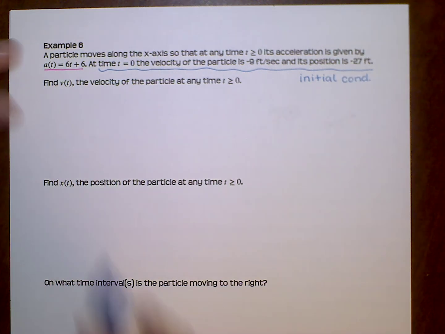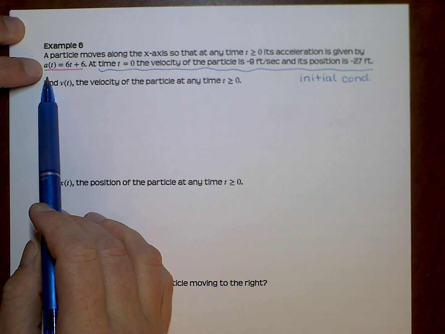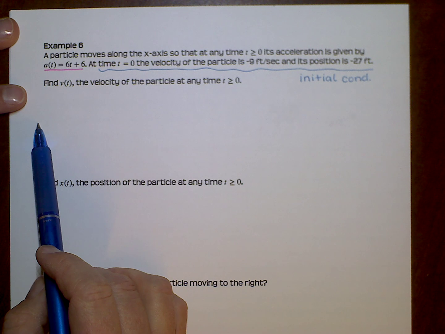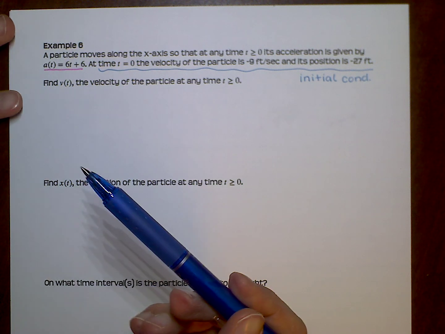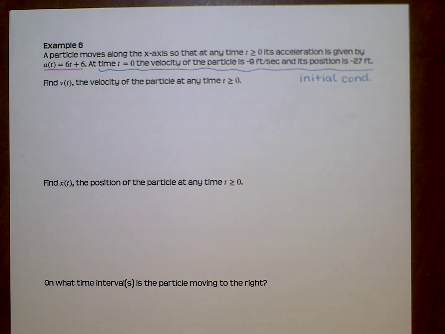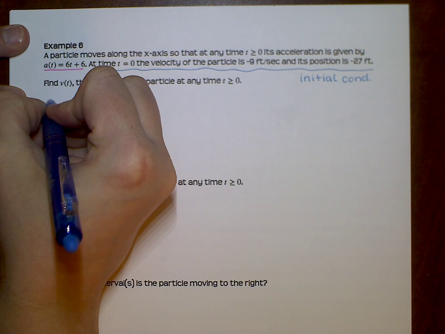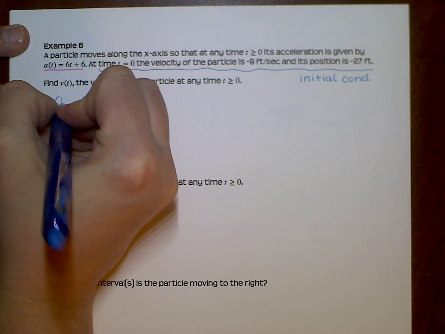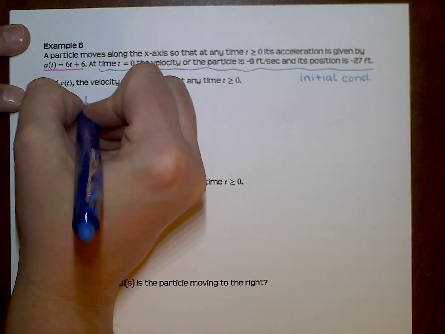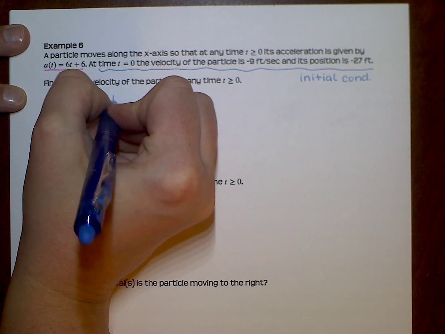So if I have acceleration and I need to get to velocity, that's the antiderivative process, right? If I'm at acceleration and I'm trying to get to velocity, I'm going to do an antiderivative. So I have a of t is 6t plus 6.